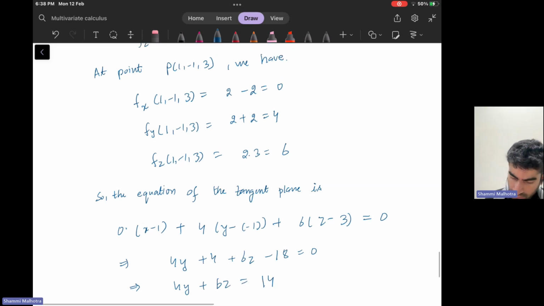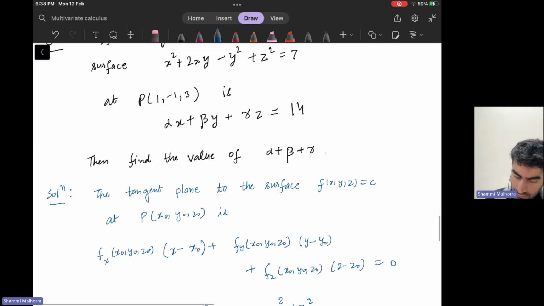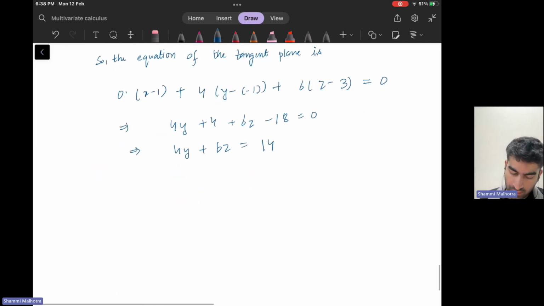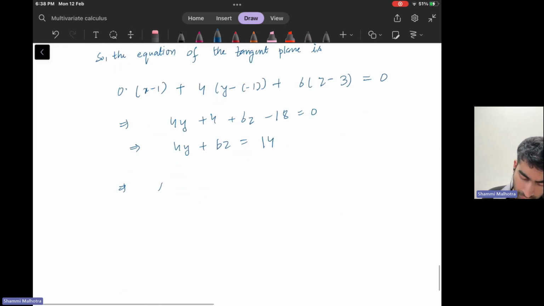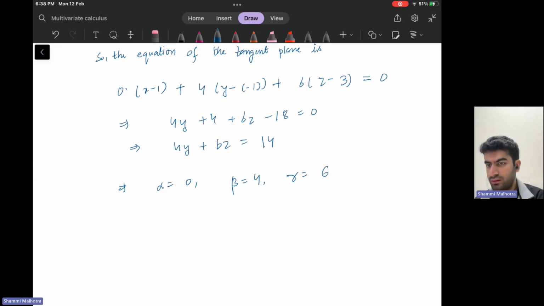And this is the same expression we have here: alpha x plus beta y plus gamma z is equal to 14. So what this will imply is that alpha is 0, beta is 4, and gamma is 6, by comparing with the equation we have here.